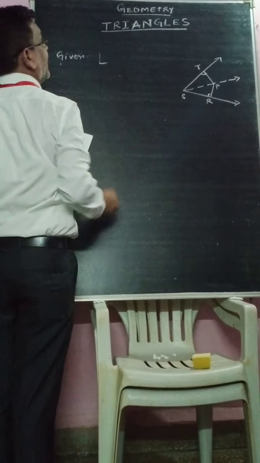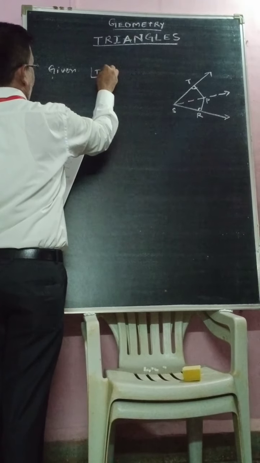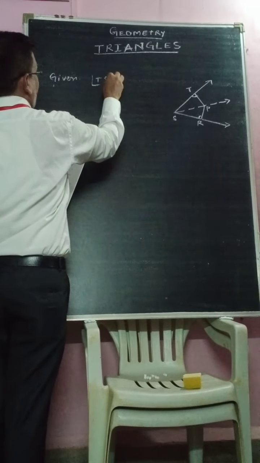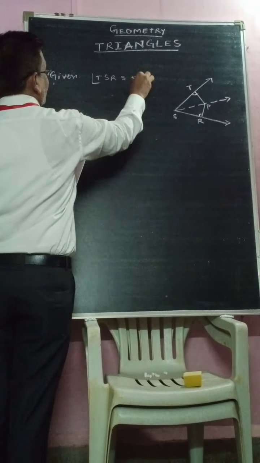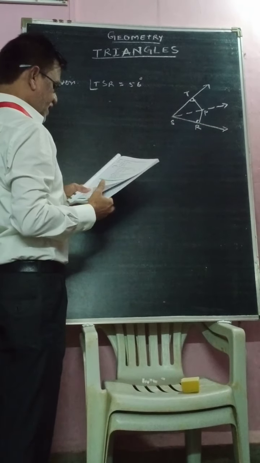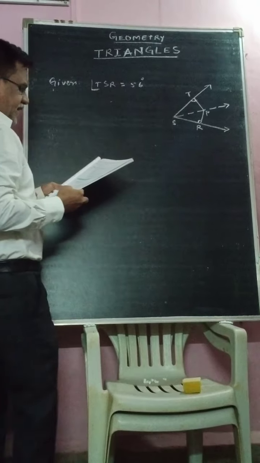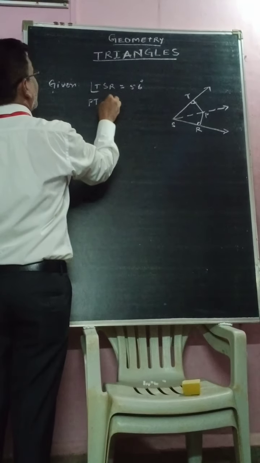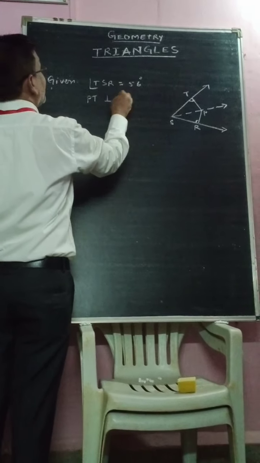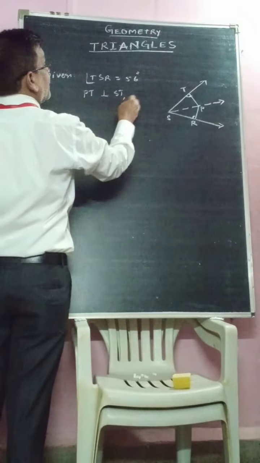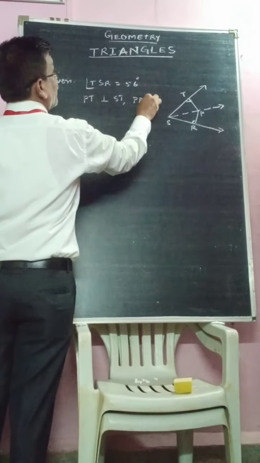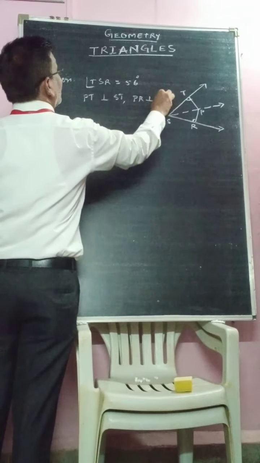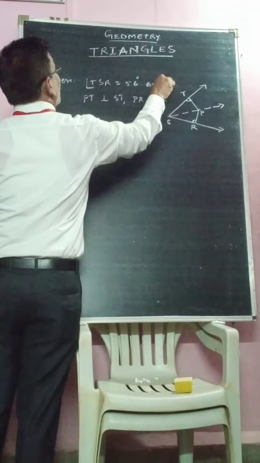Angle TSR is equal to 56. PT is perpendicular to ray ST, and PR is perpendicular to SR.